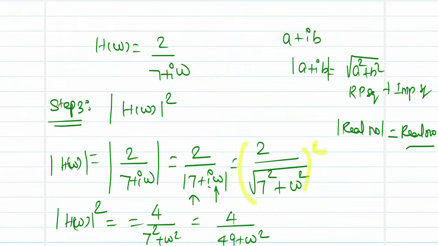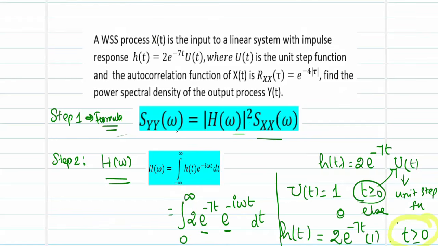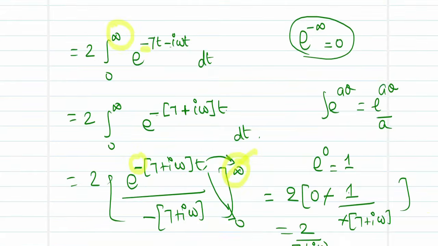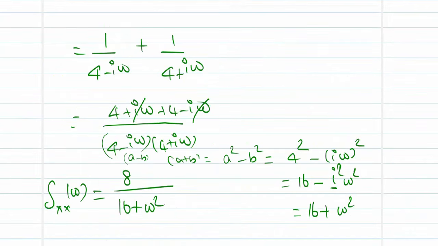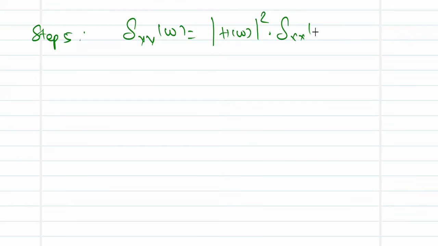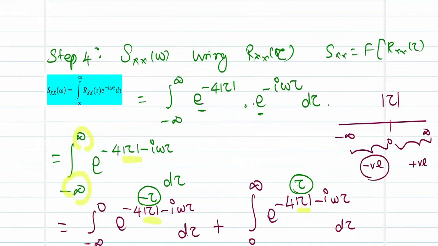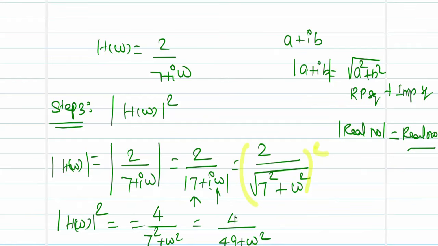Step number 5, put everything back in your formula required. So what do I have? My step number 5 is going to be syy of omega, which is modulus of h of omega the whole square into sxx of omega. The answer for h of omega the whole square was obtained in step number 3 as 4 divided by 49 plus omega square.